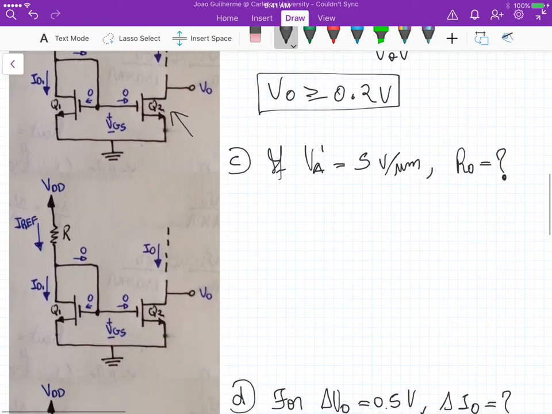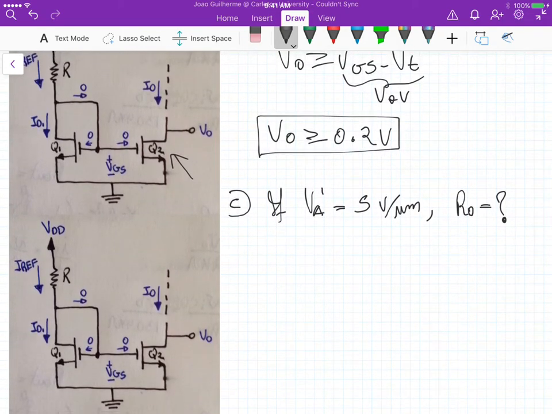Now for part C, we have an early voltage per micrometer of 5 volts, and we need to define the output resistance of the current source. So we know that the output resistance is just the early voltage divided by I naught.